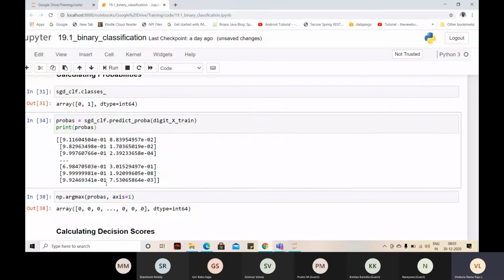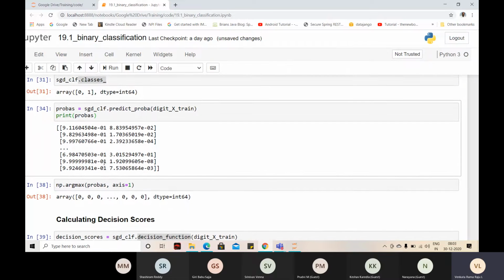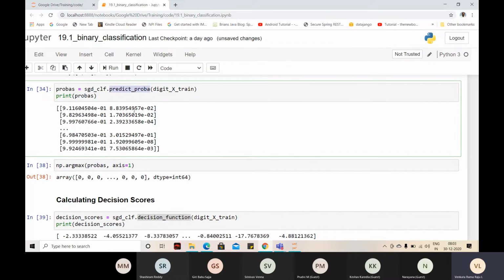No, all are not 5 records, because most of them are not 5 records. classes_ is an attribute that gives you the order of the classes. So this is 0, this is 1. The record belongs to 0 because the high probability is in the 0 column. Okay, that is predict proba.